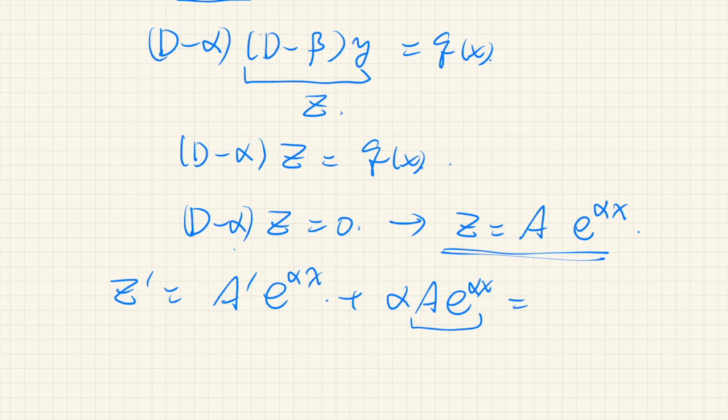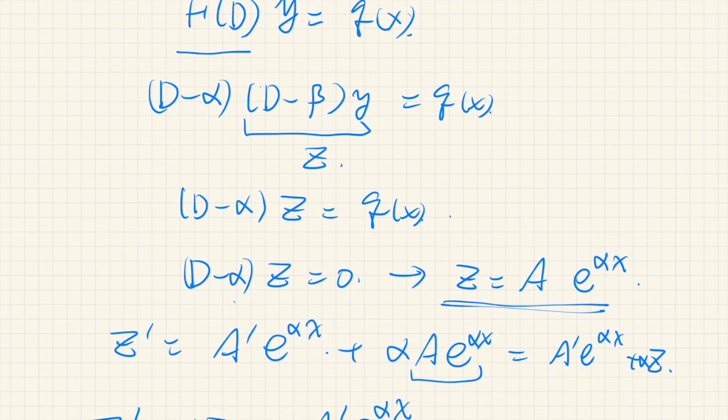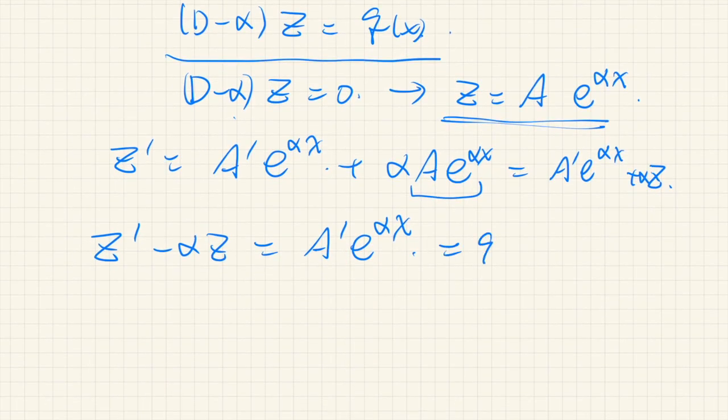So we have a prime exponential of alpha x plus alpha z. Okay. So we have z prime minus alpha z equal to a prime exponential of alpha x. But from the original inhomogeneous differential equation, this should be equal to q of x.